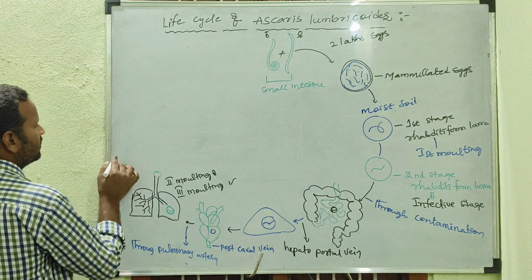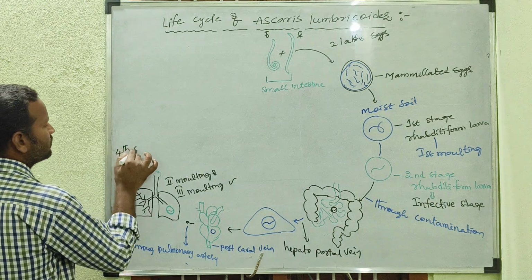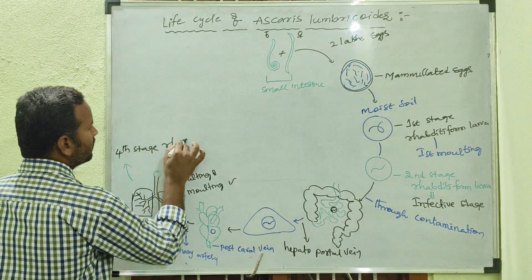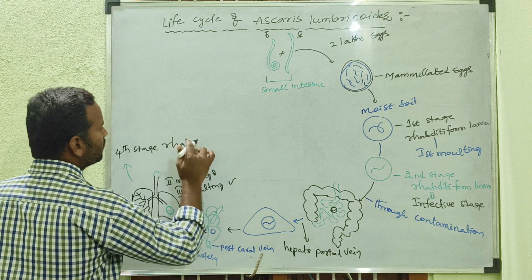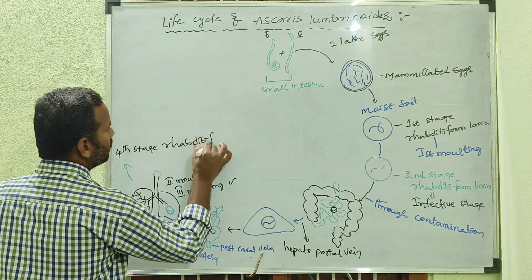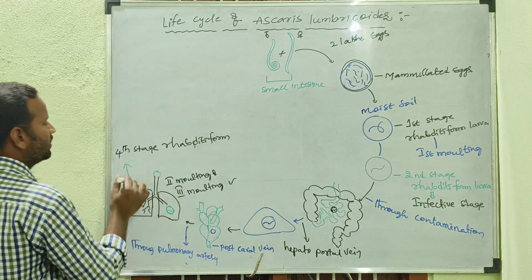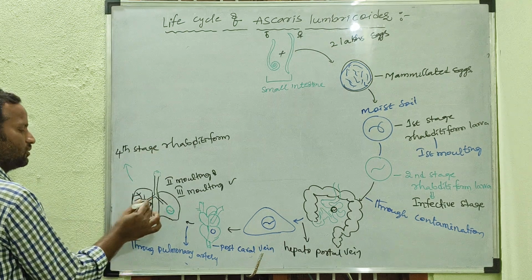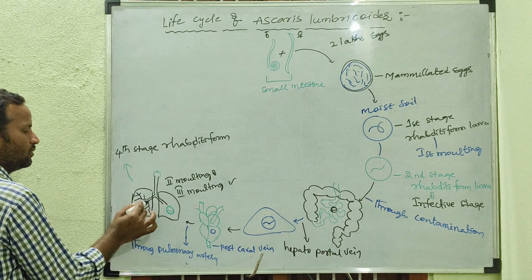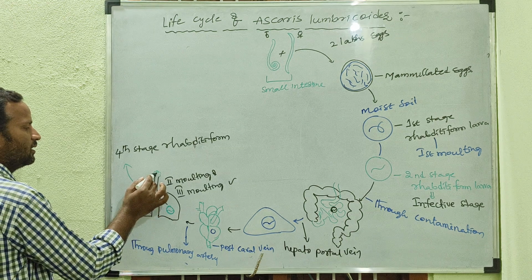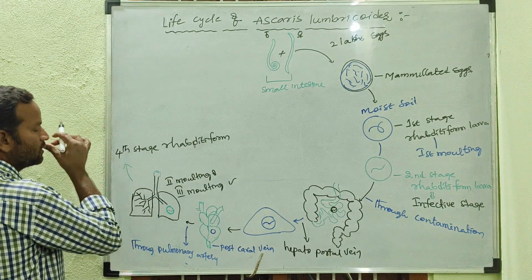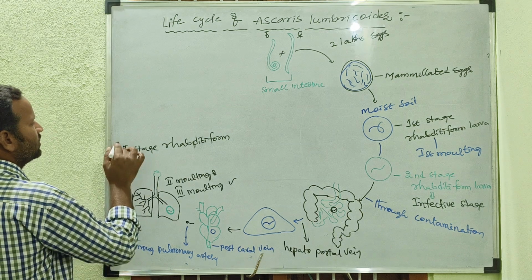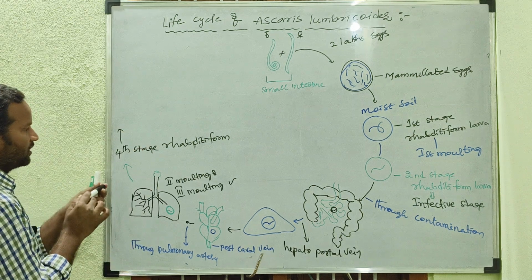The fourth stage rhabditiform larva, which leaves the lungs and comes out through bronchioles, bronchi, trachea, larynx, glottis, pharynx, stomach, and small intestine.